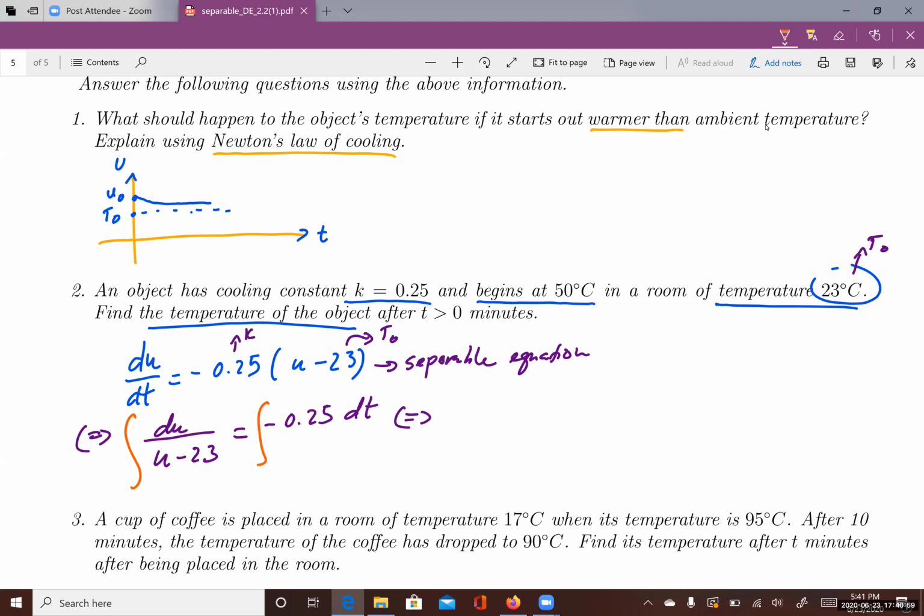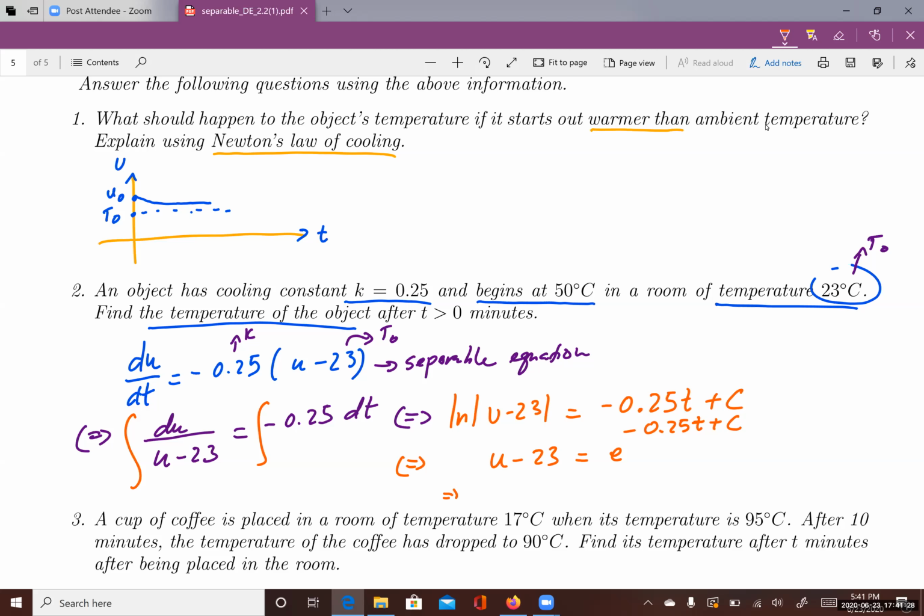So integrating this, you have natural log of absolute value of u minus 23 equals negative 0.25 times t plus c. Okay, and at this point, the absolute value of u minus 23, I can get rid of the absolute value, equals e to the negative 0.25t plus c.